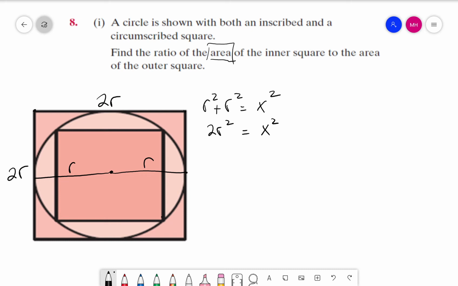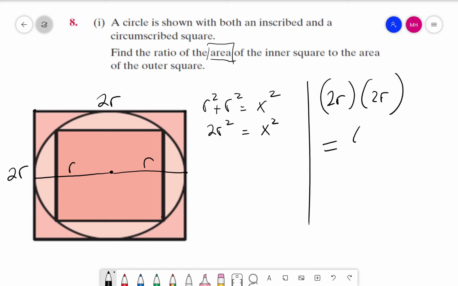So the area of the big square is 2r multiplied by 2r, which is 4r squared. So now you're ready to look and say 2r squared to 4r squared. Well, that's the same as 2 is to 4 or 1 is to 2. That's that done.